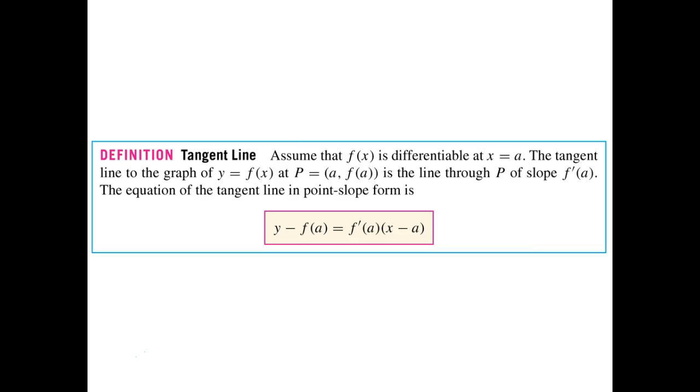You put an a in for x, you get f of a as your y. So that's your point, (a, f of a). The tangent line to the graph is the line through point P with a slope of your first derivative. Okay? The equation of the tangent line.